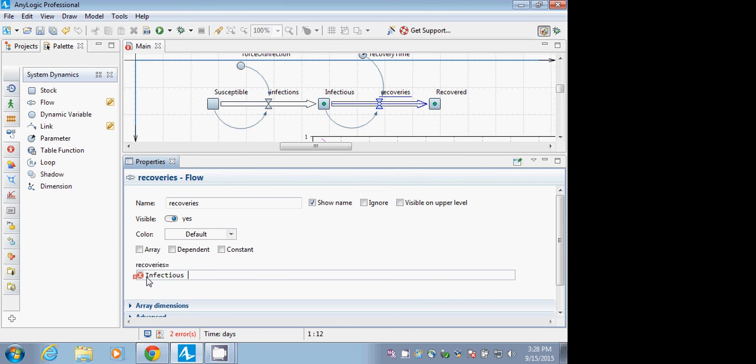So for recoveries, I'd like to use as the rate of recoveries, well, you tell me. Surely it depends on infectious people. It's got to depend on that. And I want you to tell me, ladies and gentlemen, suppose there's 100 people who are currently infectious. And suppose the average time it takes a person to recover is about 10 days.